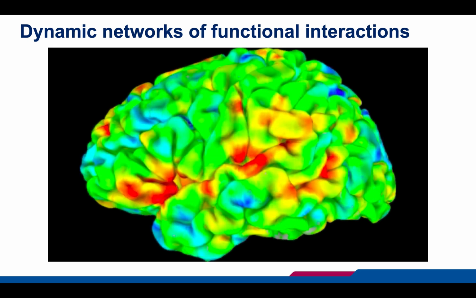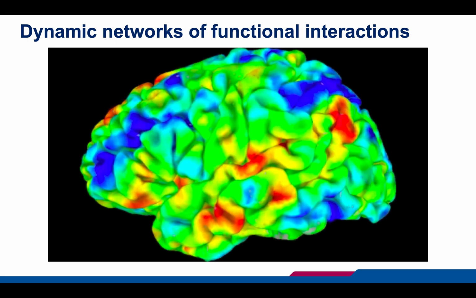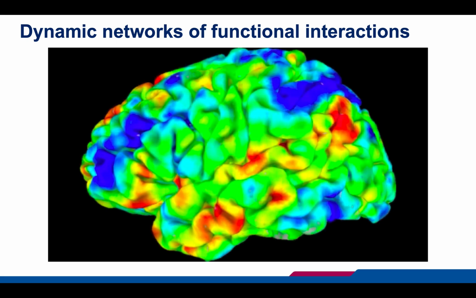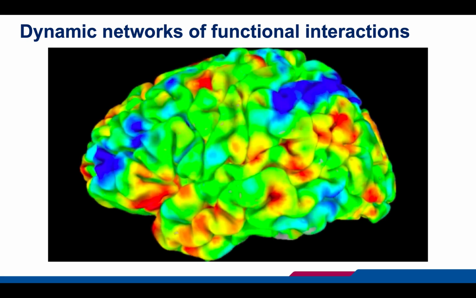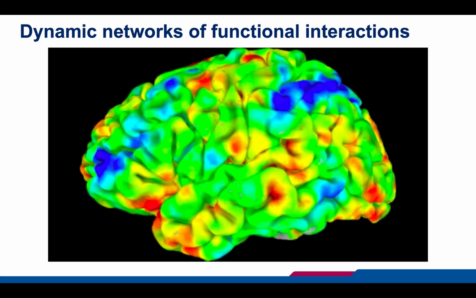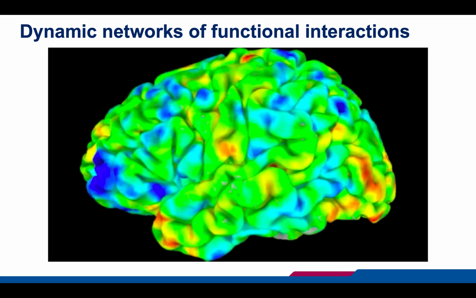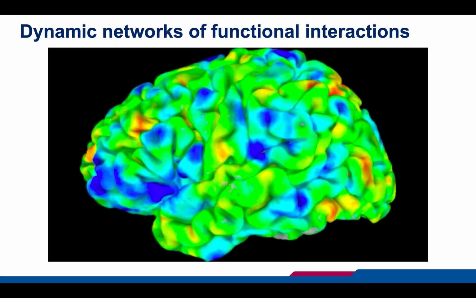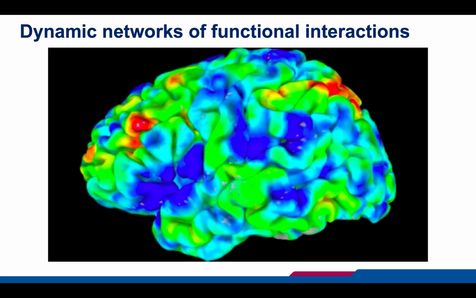And if you look at it in more detail, you will see that there is not only a lot of dynamics, which is actually displayed here in real time, but also that these dynamics are highly structured. So there are networks of areas that together increase and decrease their activity.